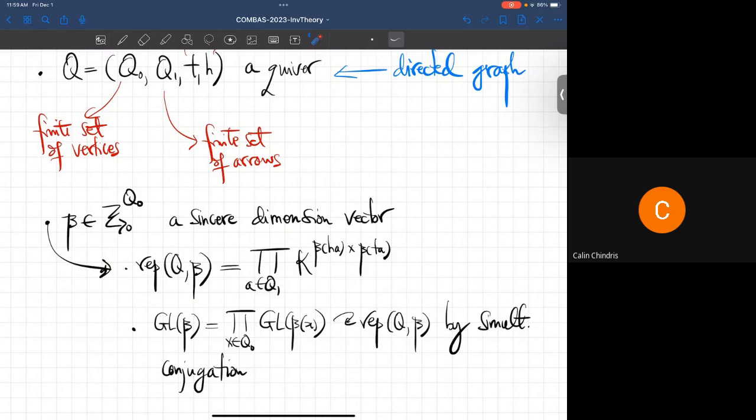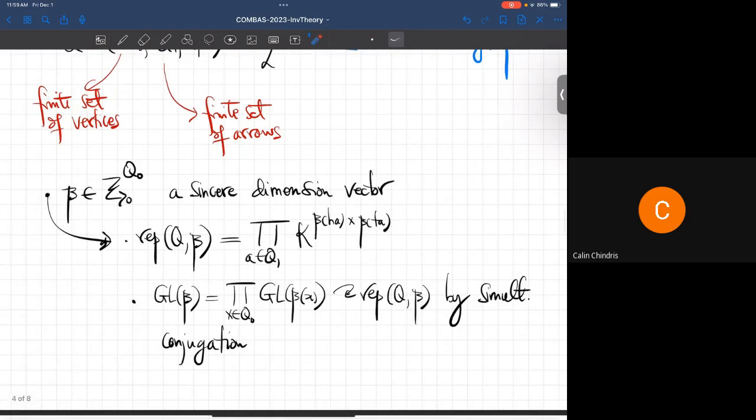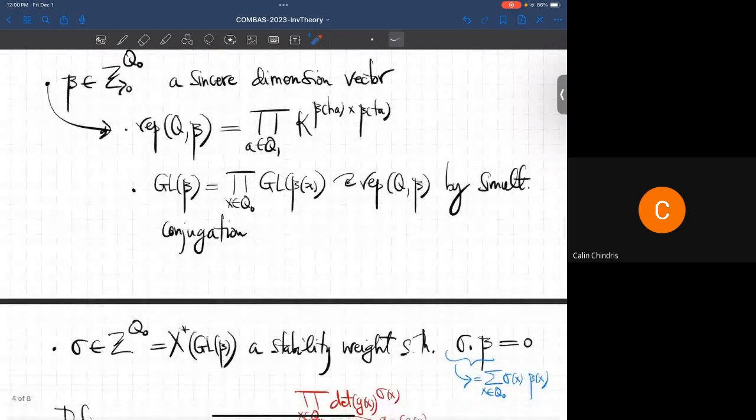It is a product over all arrows A of the space of matrices of size beta at head of A by beta at tail of A. And this affine space comes equipped with the natural action of the base change group, GL beta, which is defined to be just a product of general linear groups. The action is the obvious one, by simultaneous conjugation.